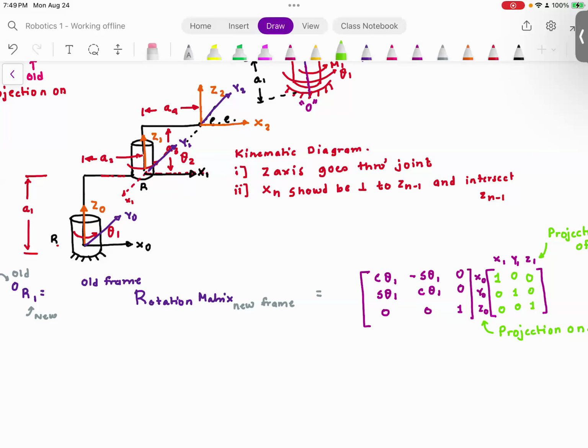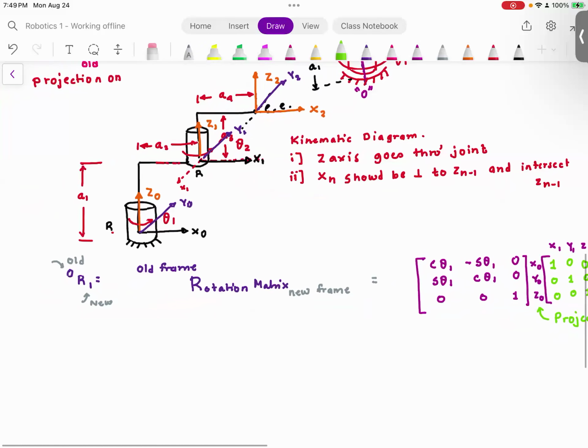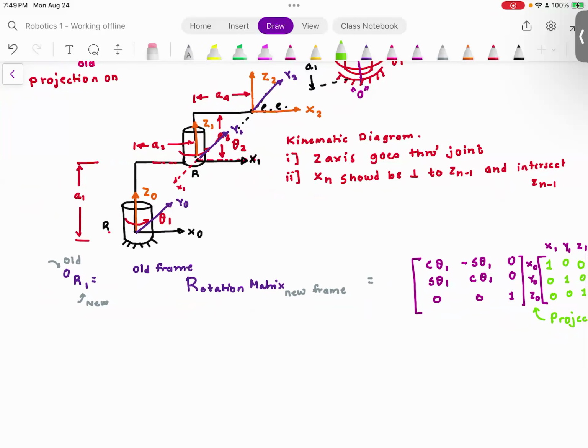Whenever you multiply identity matrix with any matrix, you get the same matrix. So the product of these two is going to be cosine theta 1, minus sine theta 1, 0, sine theta 1, cosine theta 1, 0, 0, 0, 1. Do you agree with me?